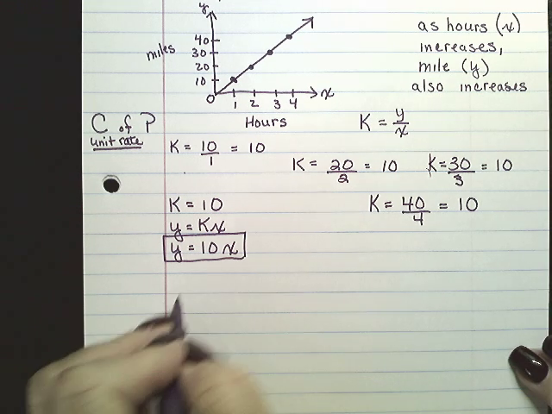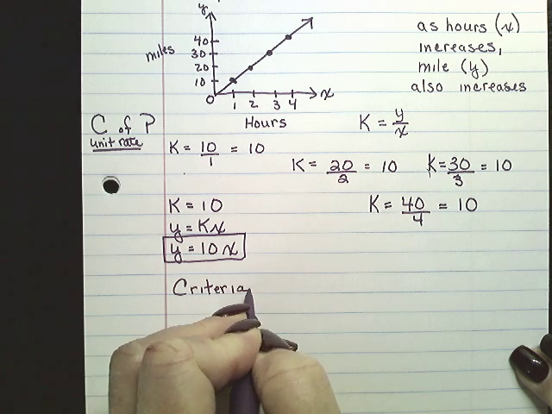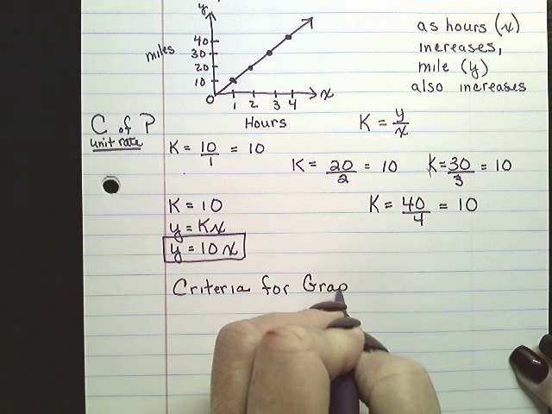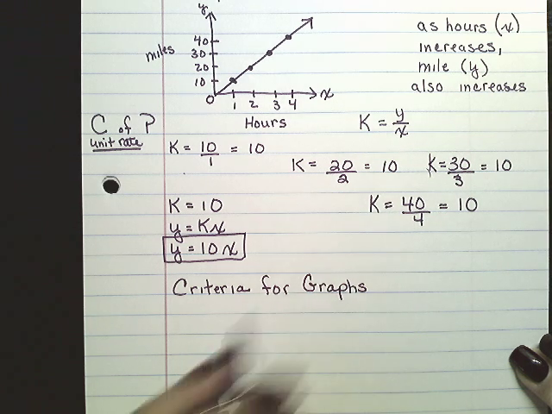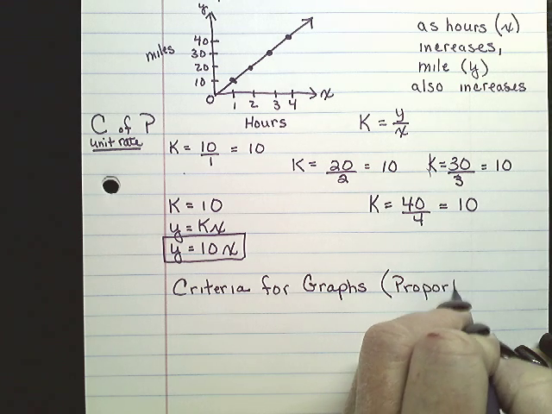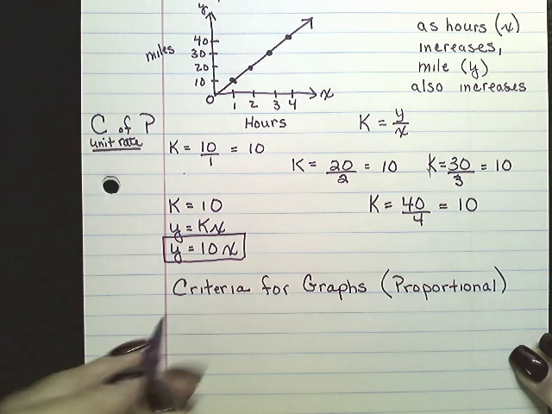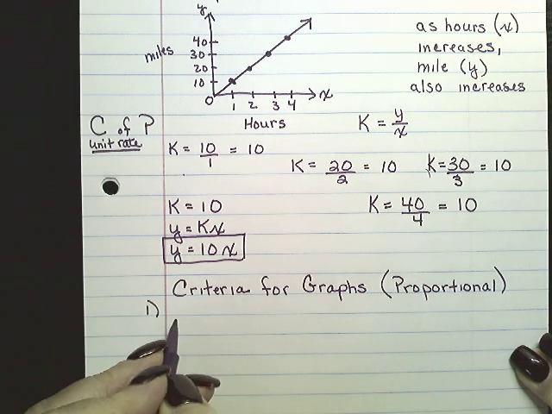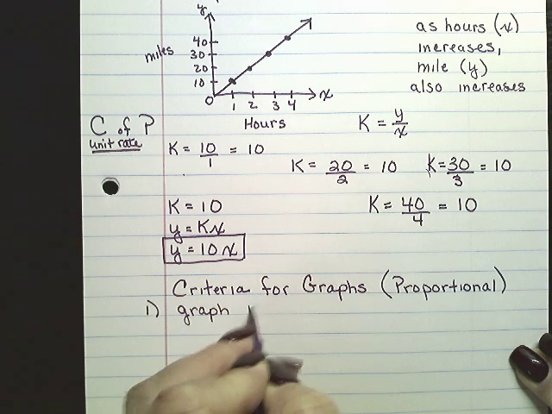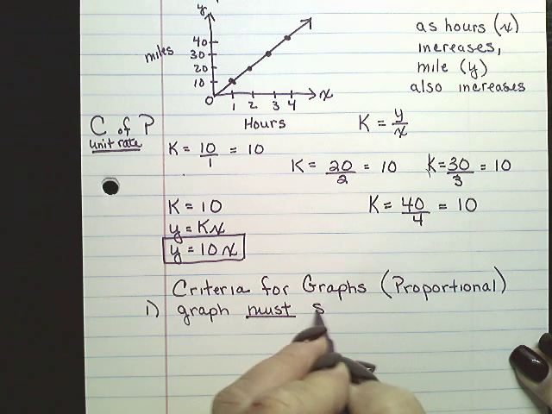So there are certain criteria that need to be met in order for graphs to be proportional. All right, the first one. The graph must start at the origin.